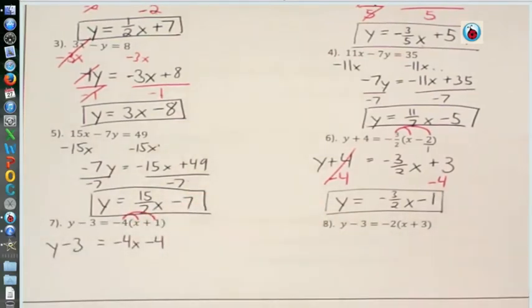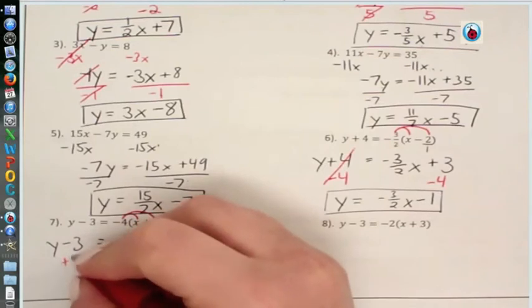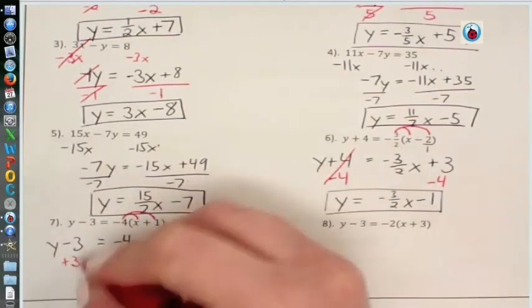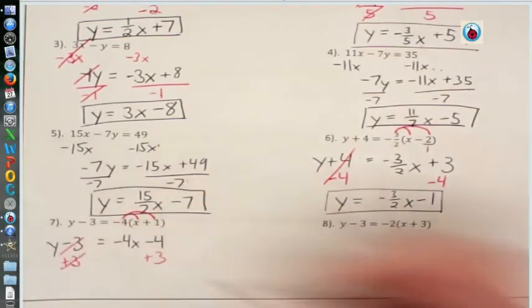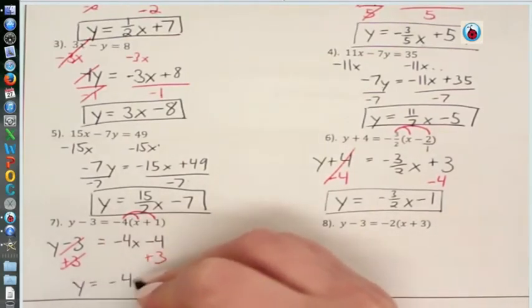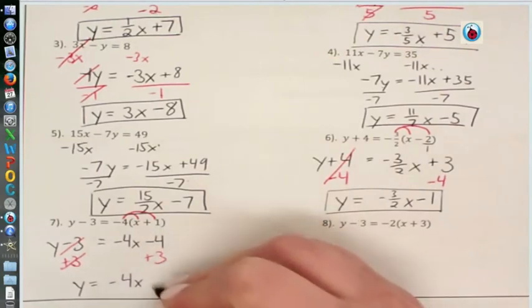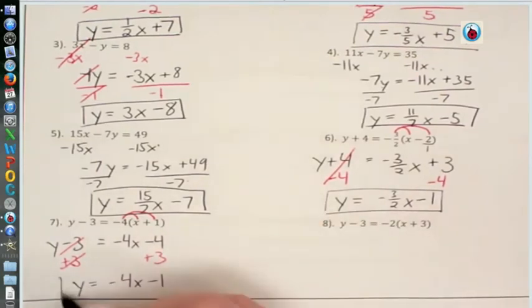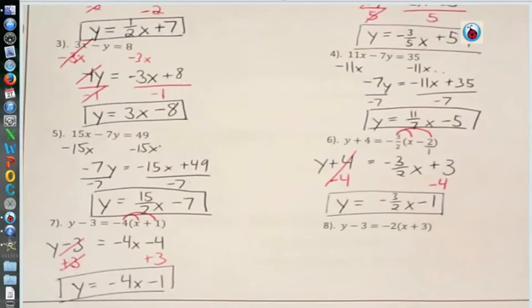I'm then going to get y by itself by adding 3 to both sides. Minus 3 plus 3 cancels. I end up with y equals negative 4x minus 4 plus 3 is minus 1. There's my answer. Go ahead and try number 8 on your own.